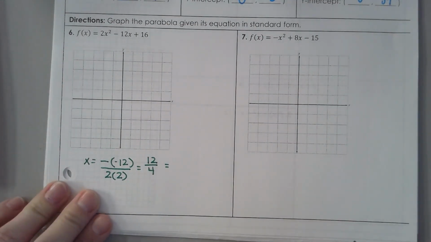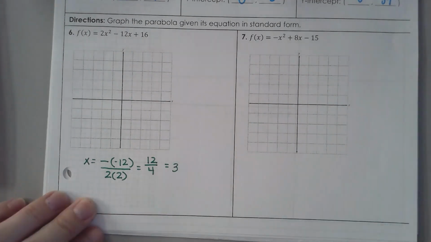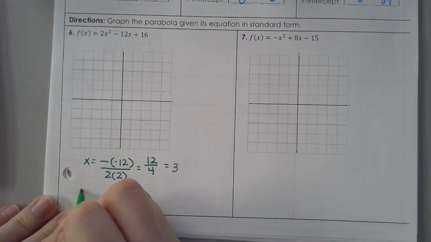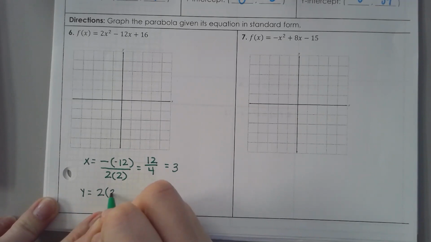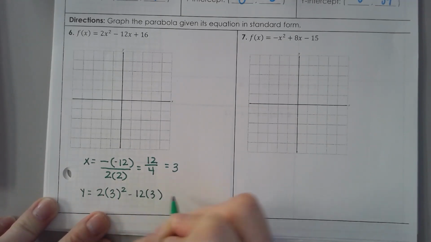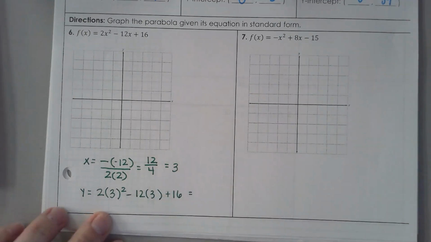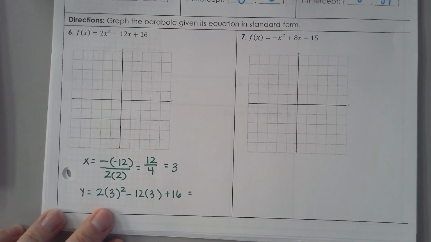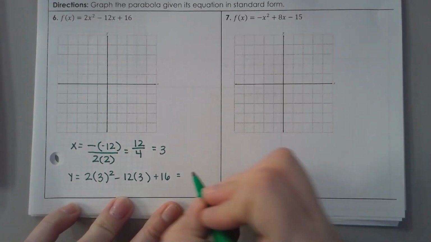So I get 12 over 4, which is 3. And then for a y value, I'm going to plug the 3 in. And I believe you get negative 2.